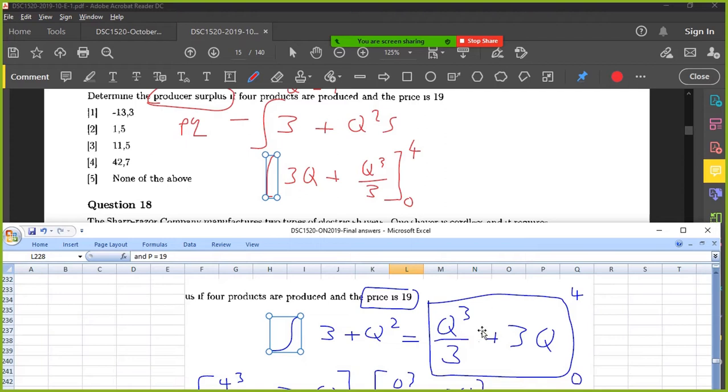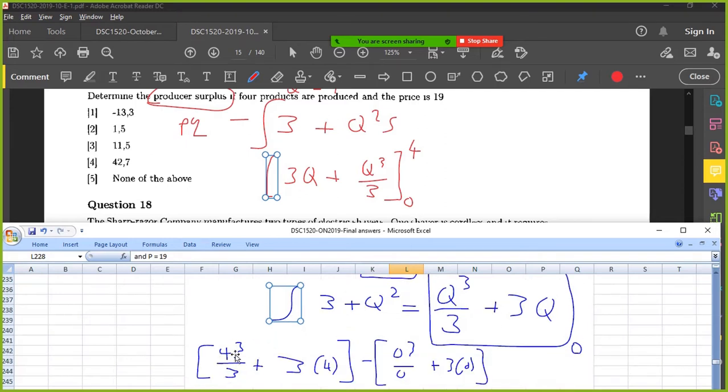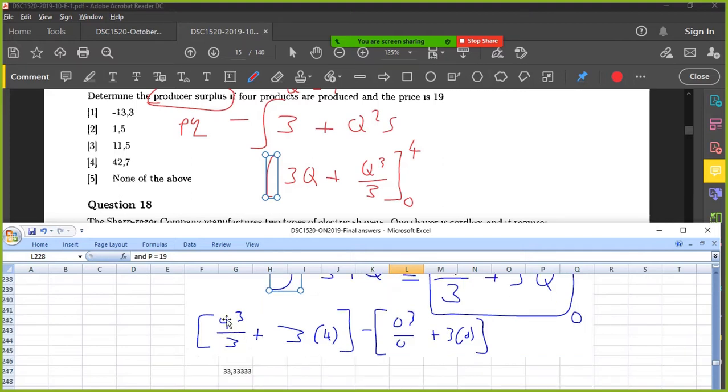Okay, and then once we've got that, then you've got to plug in the 4 and the 0. Okay, so I put in the 4 here, and I'll put in the 0 there. All right, so 4 to the power 3 over 3 plus 3 times 4. Okay, working that out on the calculator gave me, I think it was 33,3. And then minus obviously 0 here. Do you see that? Yep.